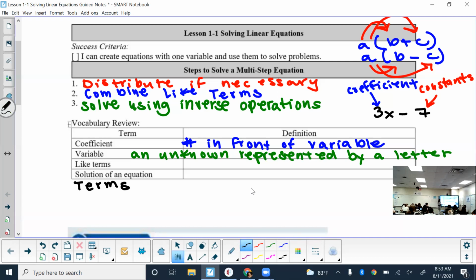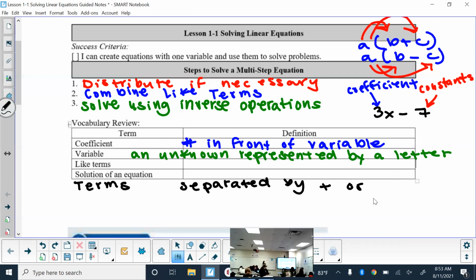All right. So terms are like units of numbers, and they're separated by plus, minus, or equal signs. So if you want to figure out what a term is, they're going to be separated by plus or minus signs. Also equal signs, but plus or minus signs.